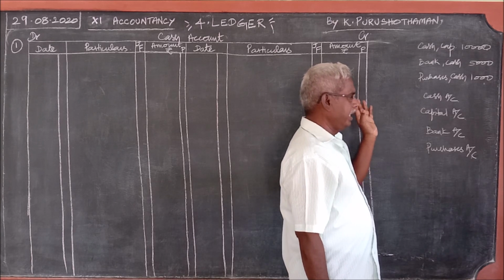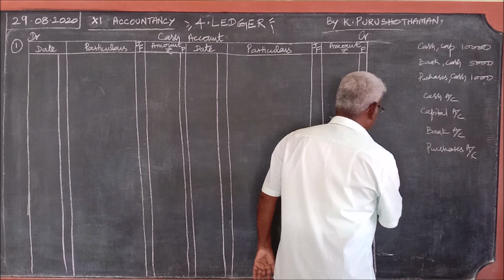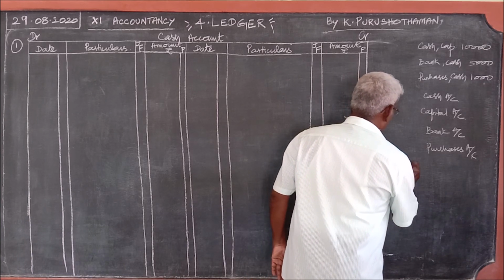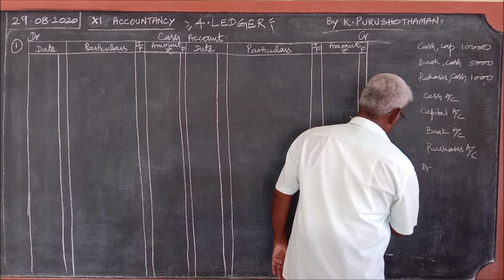Don't forget it. So the first one, what is the journal entry you have written? Cash account debit to capital account.